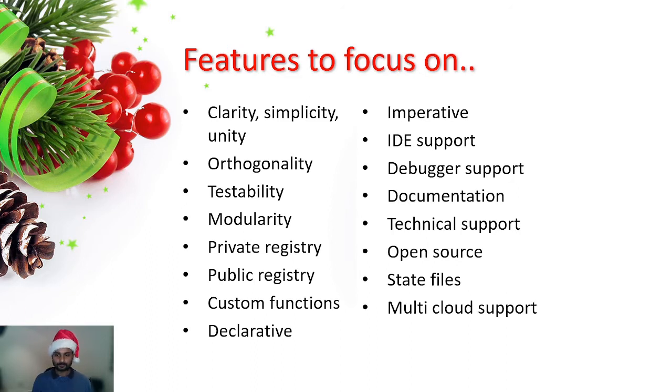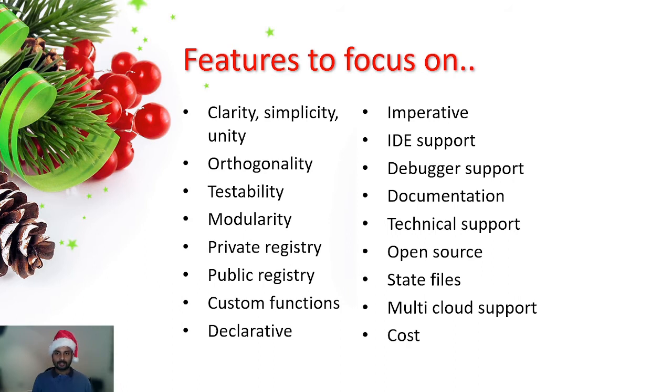Let's find out. Multi-cloud support: how important is it for an IaC to support multiple clouds? For example, Terraform and Pulumi support Azure, AWS, GCP, and a few other clouds as well. But Azure Bicep and Farmer support Azure only, similar to ARM templates. So let's find out how important multi-cloud support is.